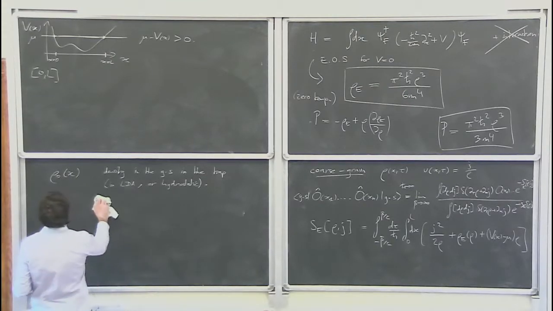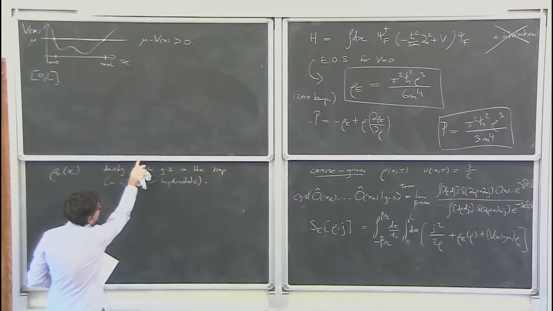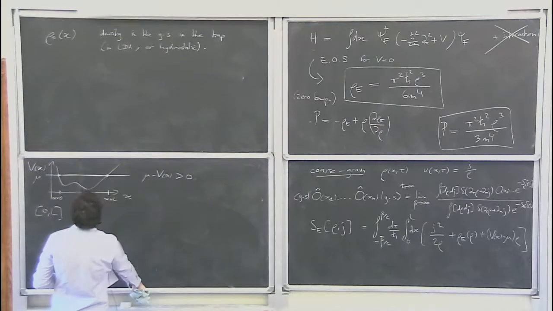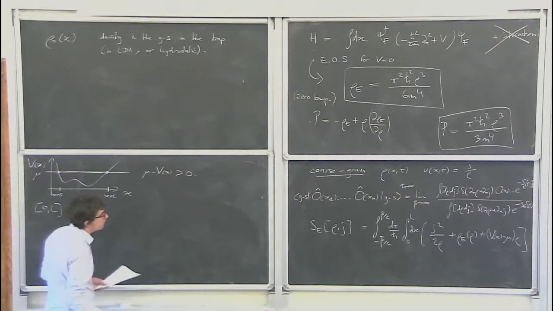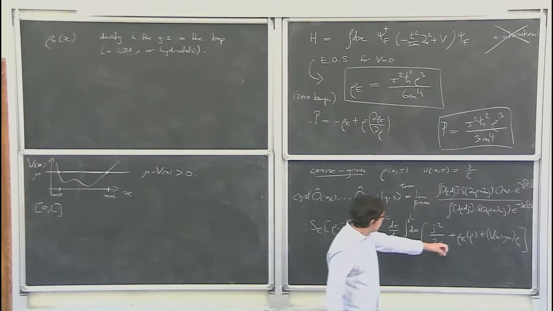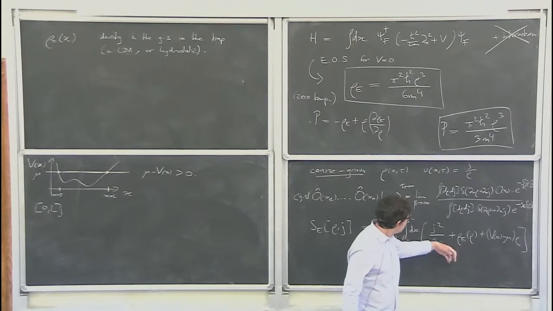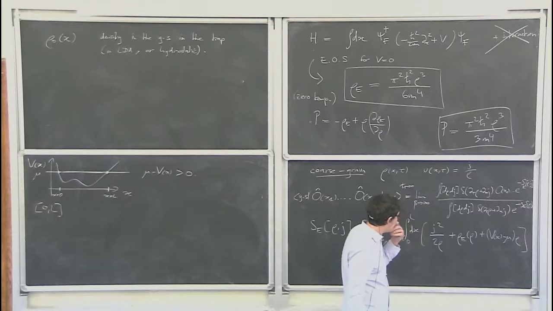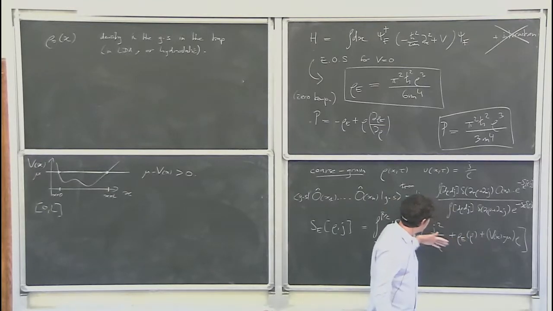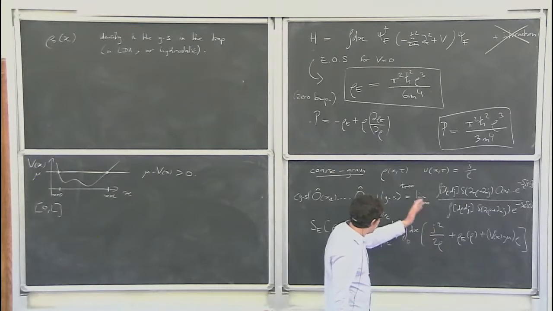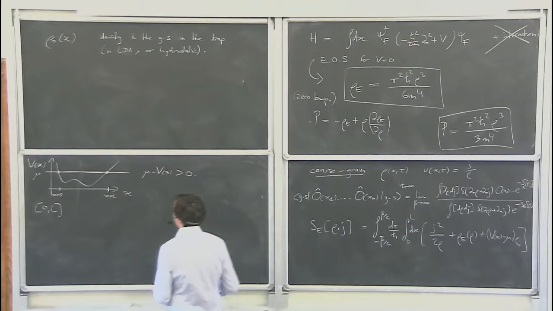Okay, so let's go through what we did on Monday once again, this time in the context of this Euclidean action. The difference with what I said on Monday was that there was a minus here. There should have been a minus because we were doing things in real time, but now everything is Euclidean.